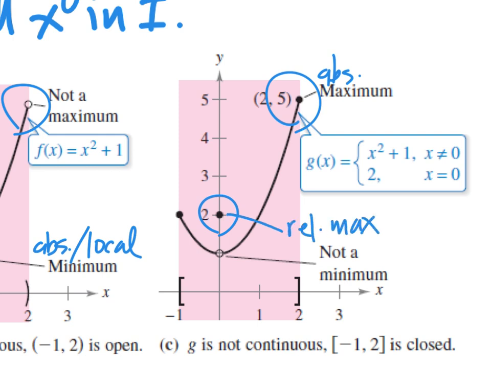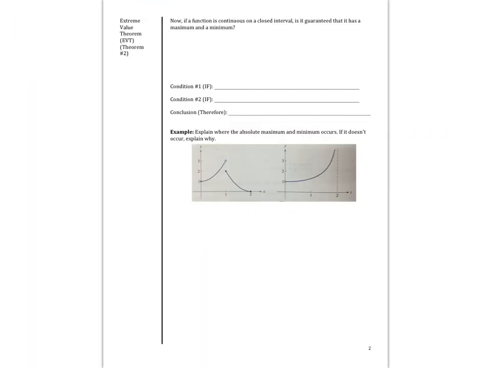It would be a relative max because by definition, it is the highest number around its neighborhood. See how the neighborhood is the neighboring values? Here, it is the highest out of its neighboring values, so that is a relative maximum. I know that is very strange because it's disconnected, but we're going with definitions.